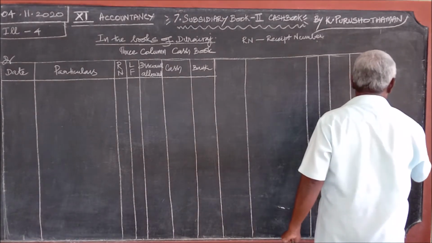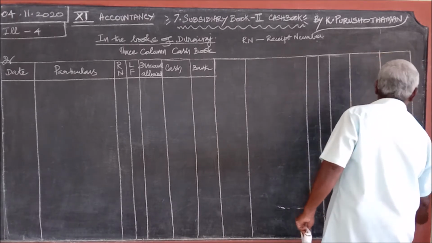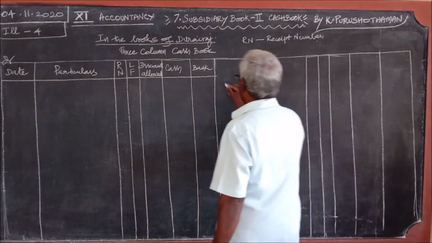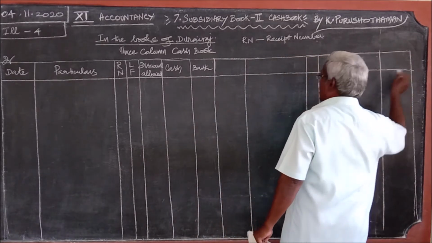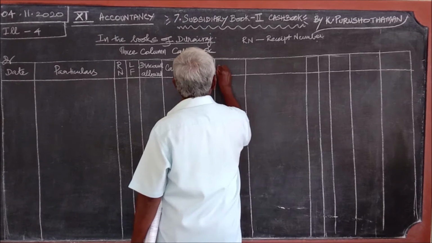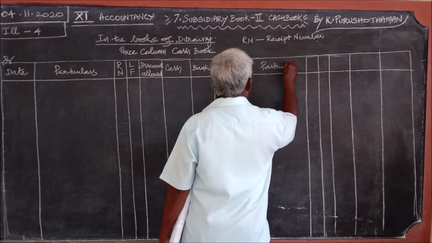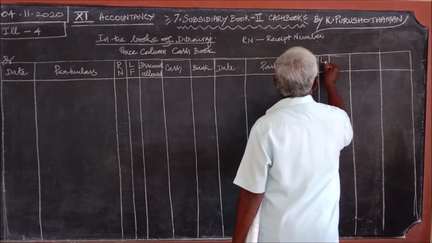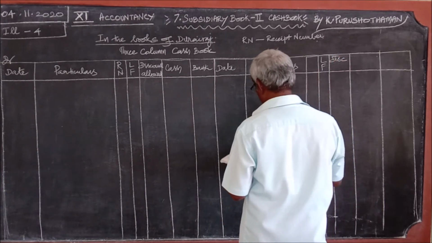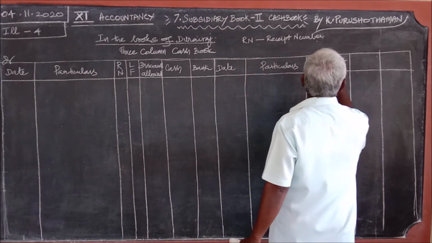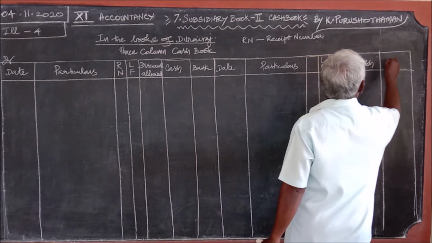Discount received, and finally the bank column. Date, particulars, ledger folio, discount earned or received, discount received, cash, bank.